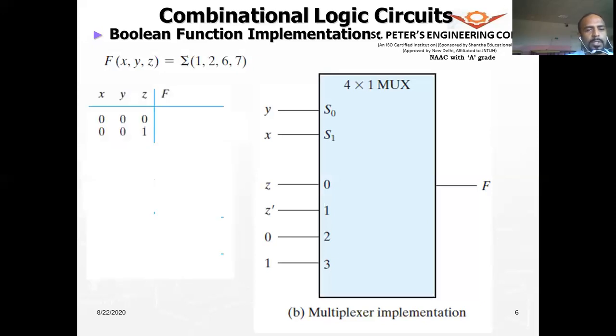If you consider the truth table for the combination, of course, x is the most significant bit and z is the least significant bit. So when x and y both are 0, 0, and z is 0 or z is 1, what happens to the I0 input? It will take the value of z.